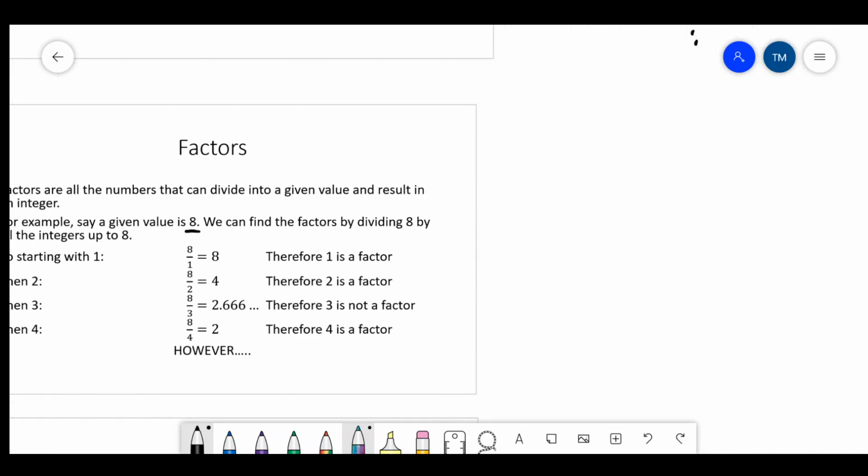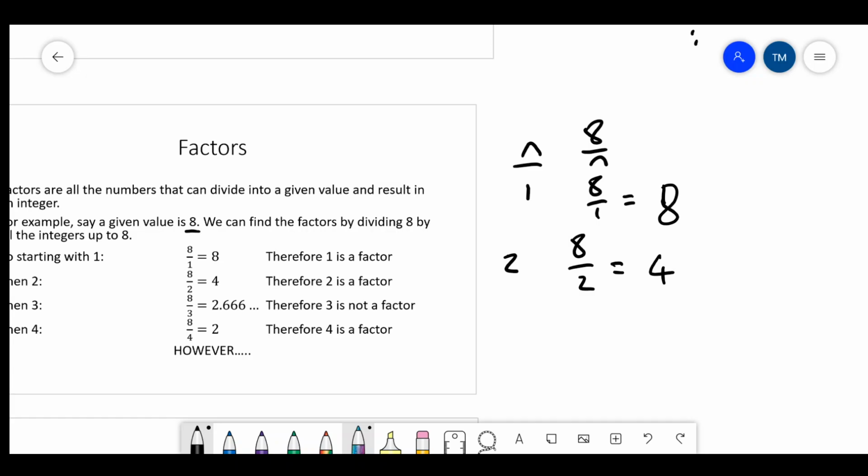So if we start off with, let's call it n, let's say 1, so we do 8 divided by n. In this one it's going to be 8 divided by 1, which is 8. So if the result gives an integer value, it means that value is a factor. So if we do 2 instead, and we do 8 divided by 2, we get 4.